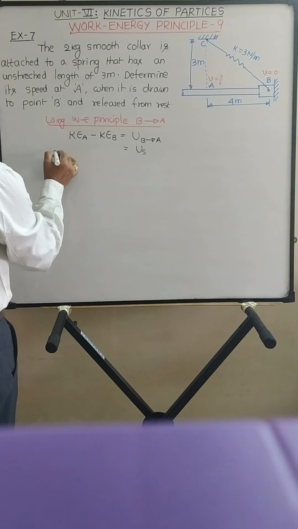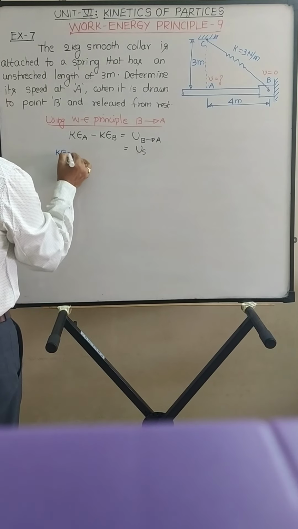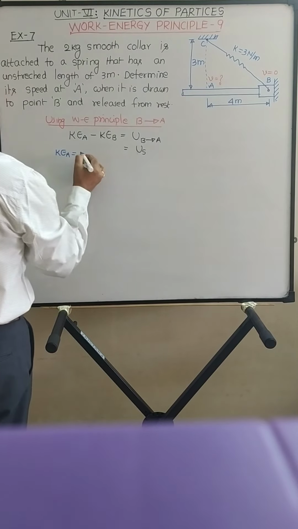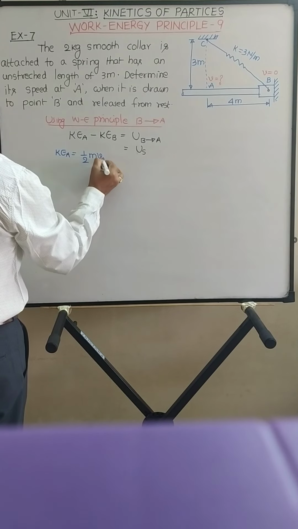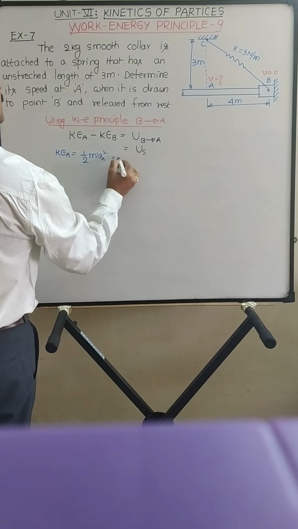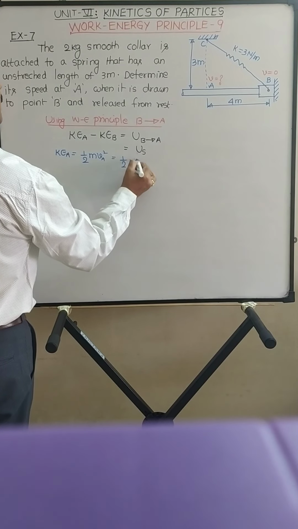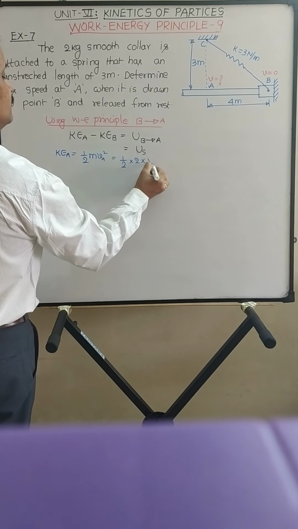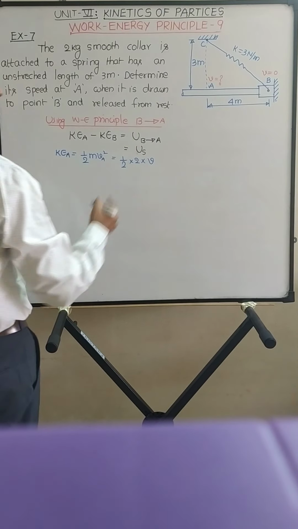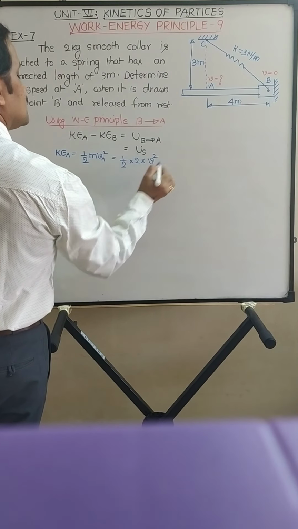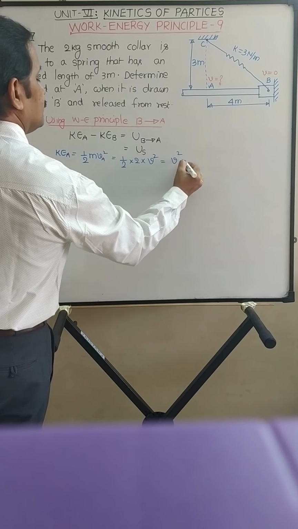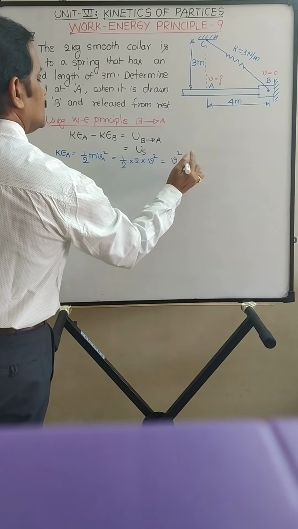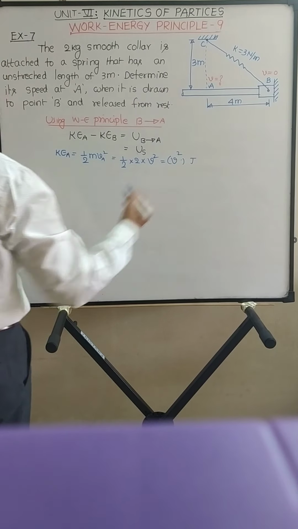Now, what is the kinetic energy at point A? It is half m v_A squared. So it is half into m, which is 2, into v squared, where v is the velocity at A, that is equal to v squared joules.